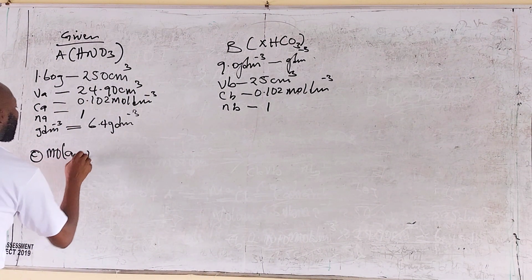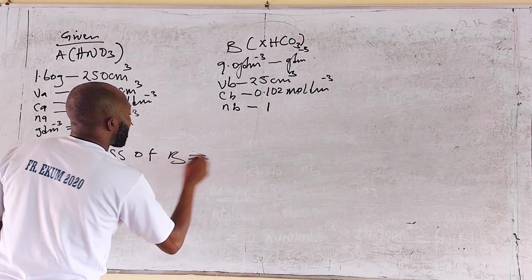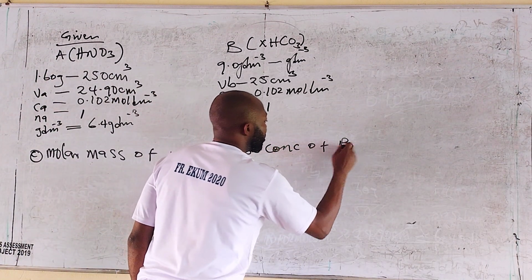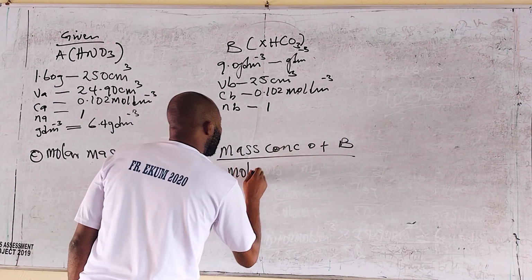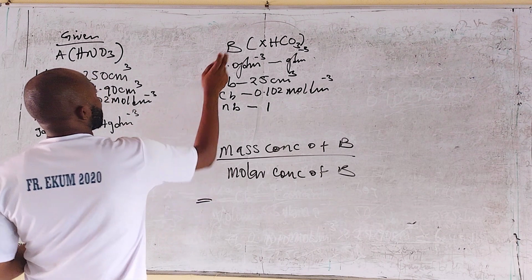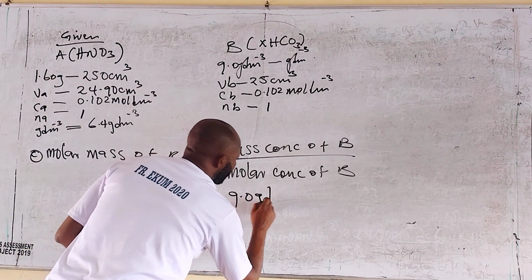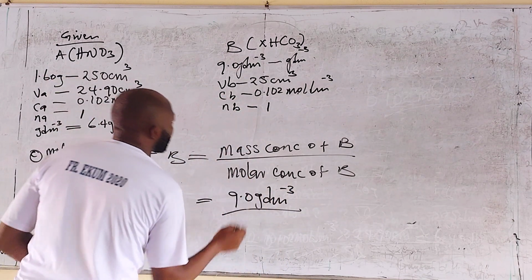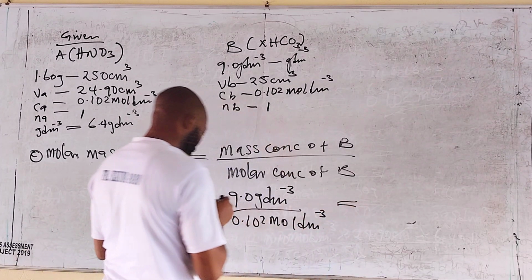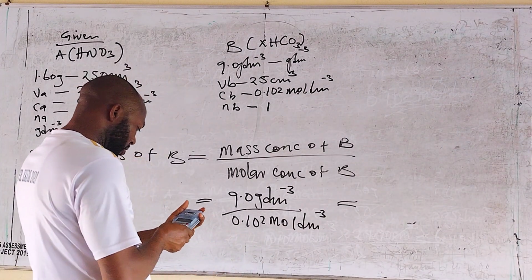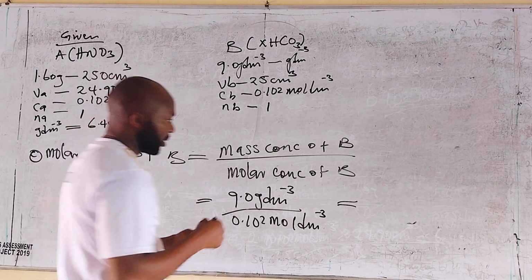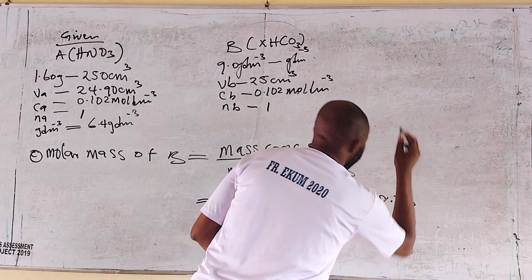Molar mass of B is equal to the mass concentration of B over the molar concentration of B. The mass concentration of the base is 9.0 g/dm3, over the molar concentration of the base, which is 0.102 mole per dm3. 9 divided by 0.102 is equal to 88.23.